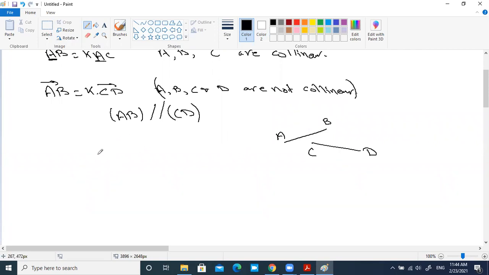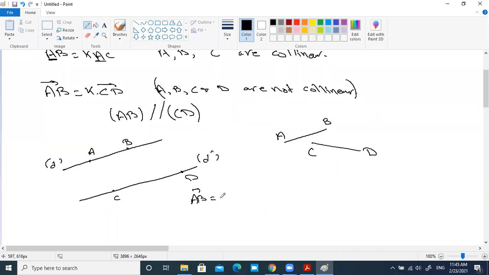In other words, let's say you have line D and line D prime. Okay, and the question says prove that these two lines are parallel. It is enough to have 2 points A, B on the first line and 2 points C, D on the second line, and prove that vector AB is equal to some number K times vector CD.